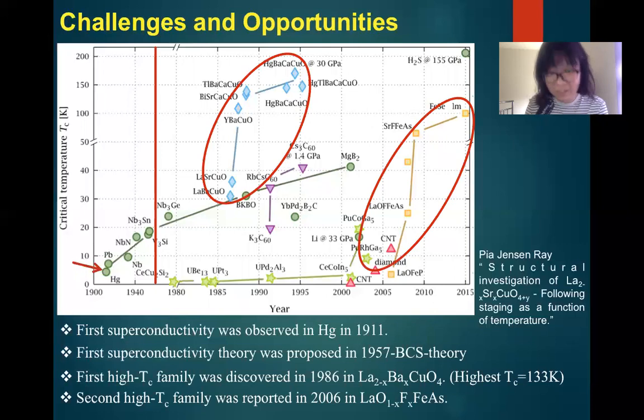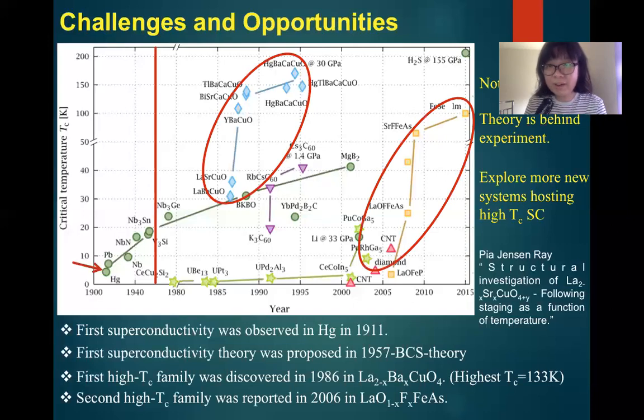And after another 20 years, the second high Tc superconductor family was discovered, the iron arsenides. So based on the experience of the past 100 years, we can tell that for superconductors, it's almost impossible to predict the superconductivity, and the theory is far behind the experiment. The most important thing is we need to explore more new systems to host high Tc superconductors.